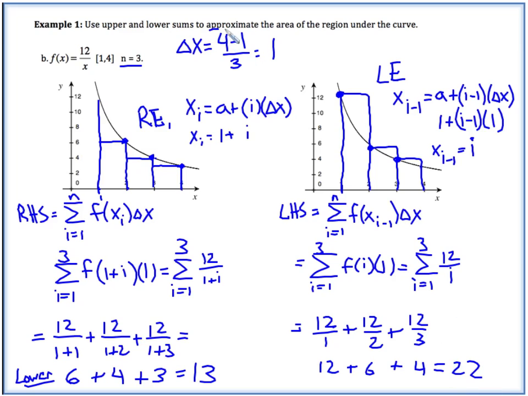So an approximation for the area is going to be between our lower and our upper sum. And notice the lower one's going to be smaller, the upper one's going to be bigger. So it's going to be greater than or equal to 13, less than or equal to 22.